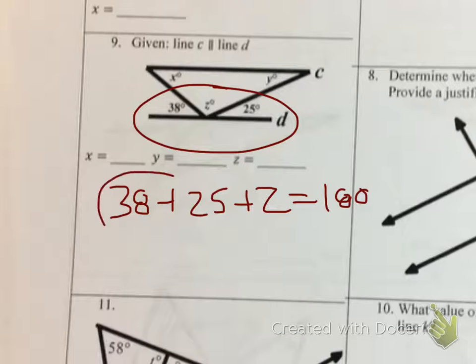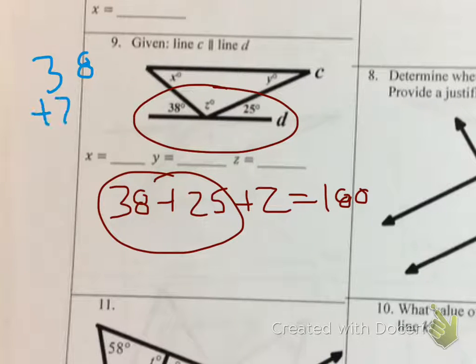So we'll add the like terms: 38 plus 25 equals 63.